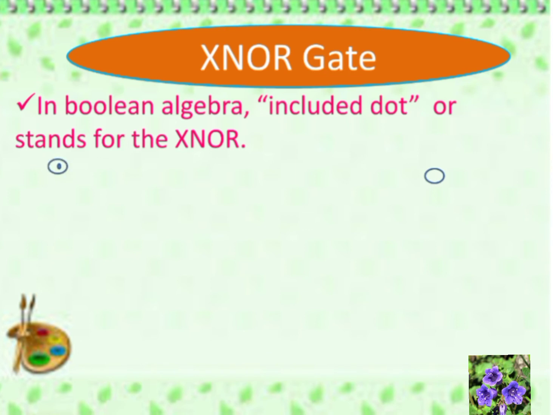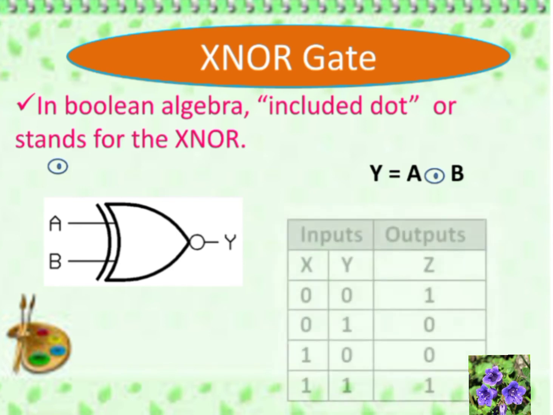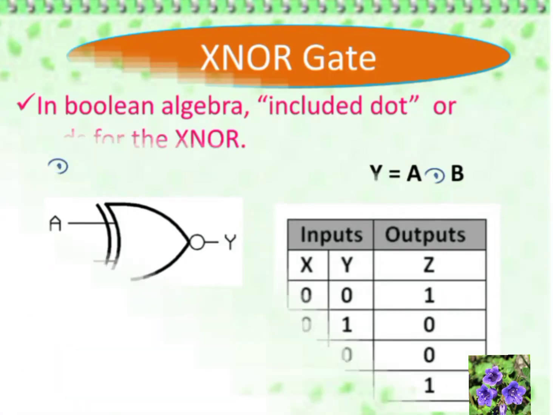Listen, children, this is the encircled dot operator. It stands for XNOR. So Y equal to A encircled dot B. For the logical symbol, we simply add a bubble to the XOR gate symbol. So when we add the inverter to the XOR gate output, it becomes the XNOR gate. This is the truth table.